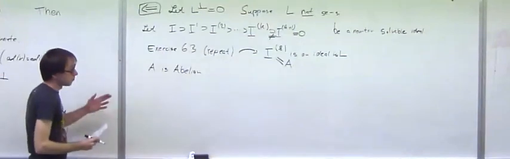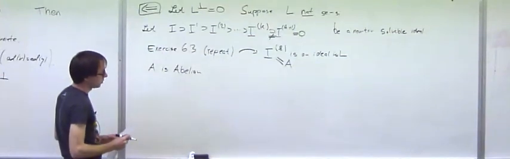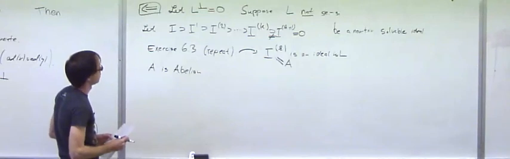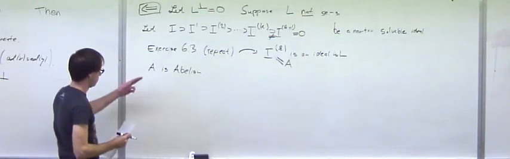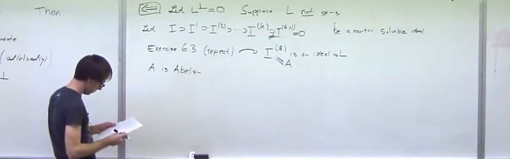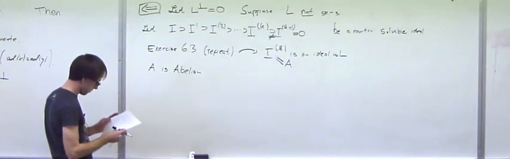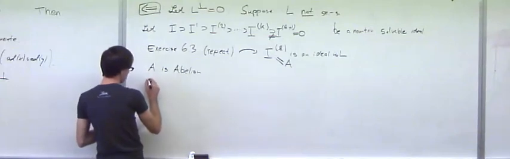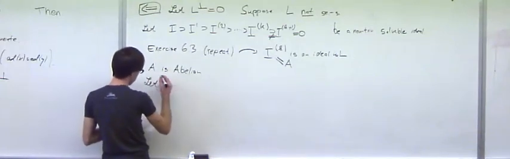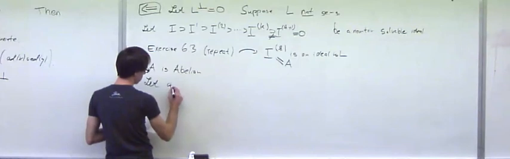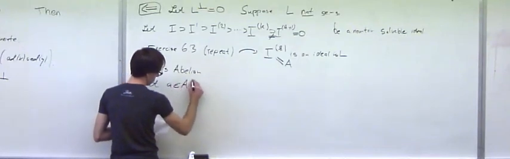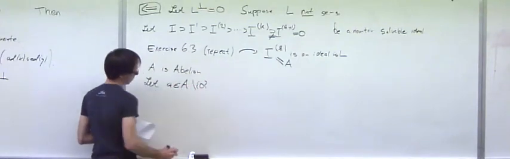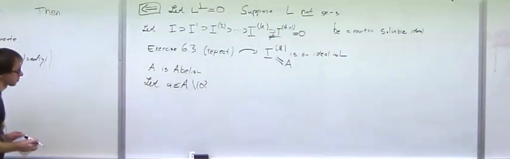So we found a non-trivial abelian ideal here in our Lie algebra. So A is non-trivial, so we fix a non-zero element of A.